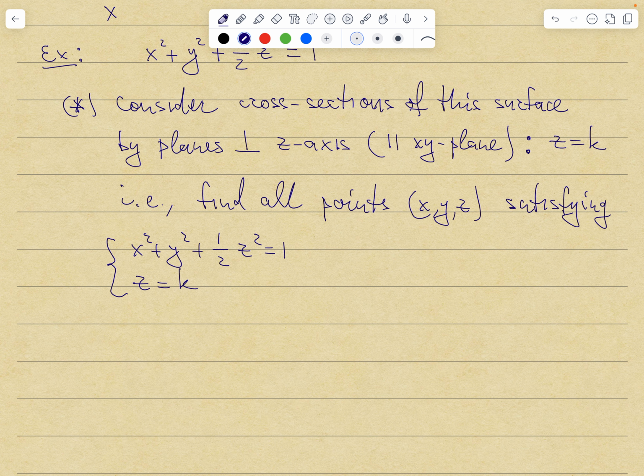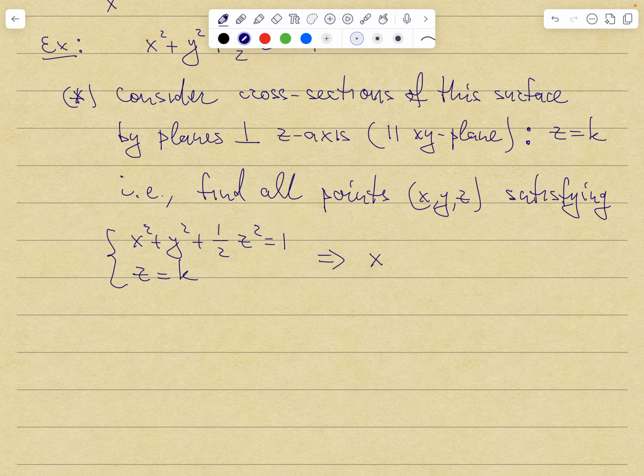Well, then I can always stuff z equal to k into the first equation, so I'm actually looking at all curves, actually not in 3D, in 2D, right? Because now it is in x and y coordinates. Satisfying x squared plus y squared equals 1 minus 1/2 k squared.